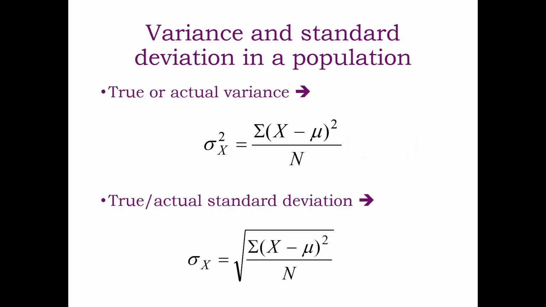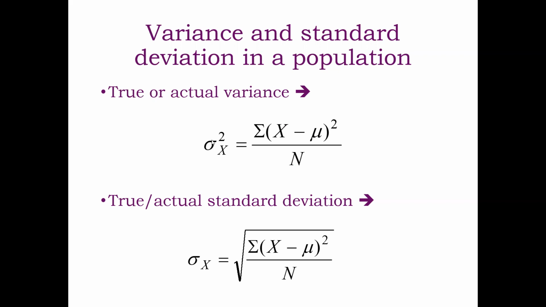Because sample statistics are generally biased, because of sampling error, and they usually underestimate population values, we have to correct for it. So here is the true or actual variance. Now, remember, in most cases we do not know the true variance or true standard deviation of a population, but this is what it is in theory.